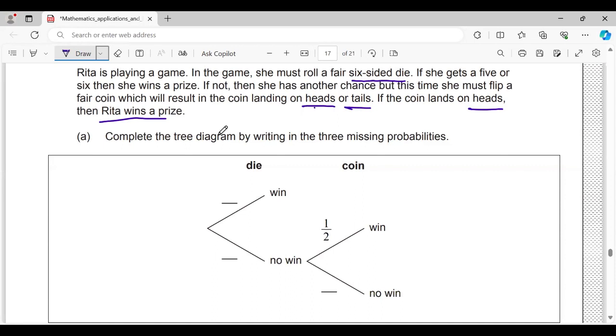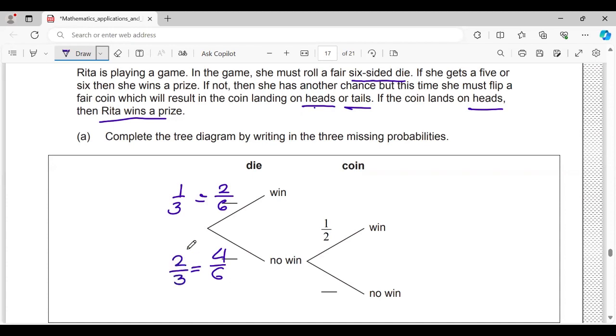If 2 sides, it means 2 of 6, because there are 6 sides. No win means 4 over 6. Or you can simplify: this becomes 1/3, and this one 2/3.